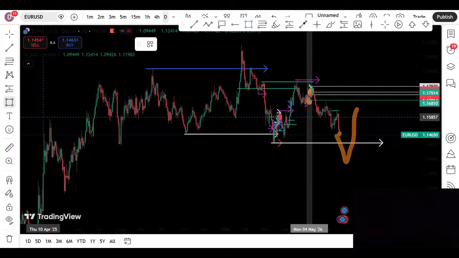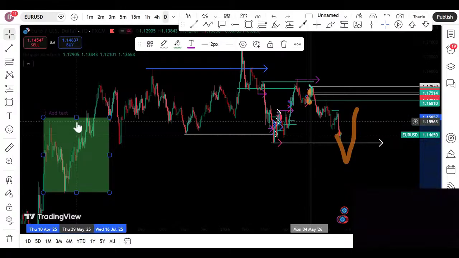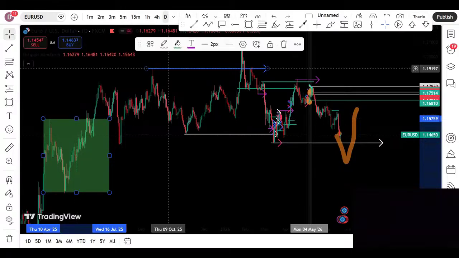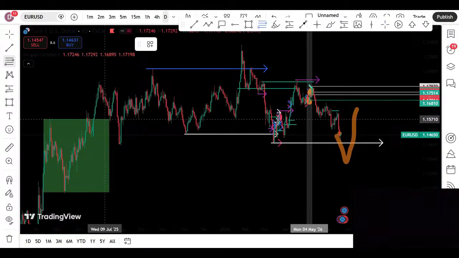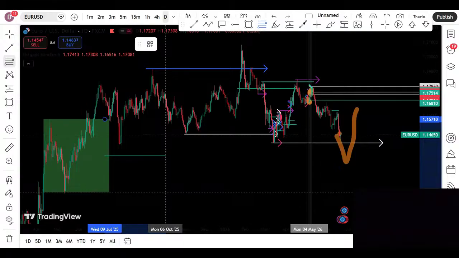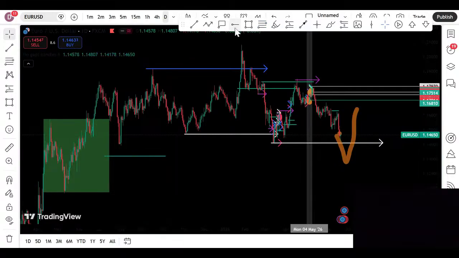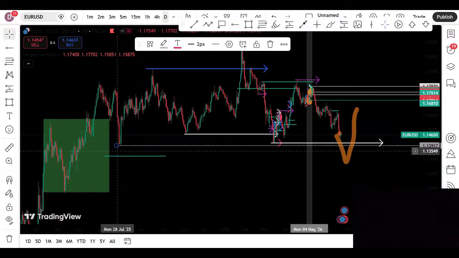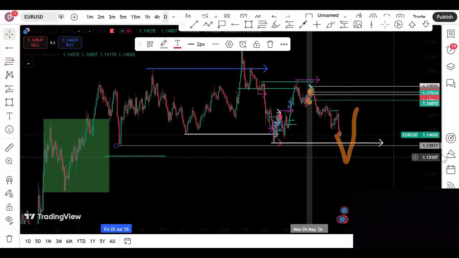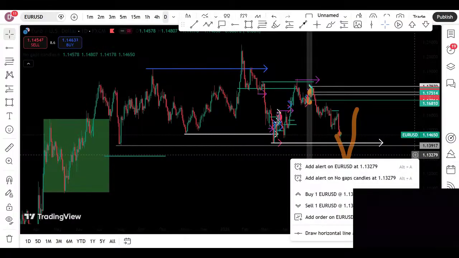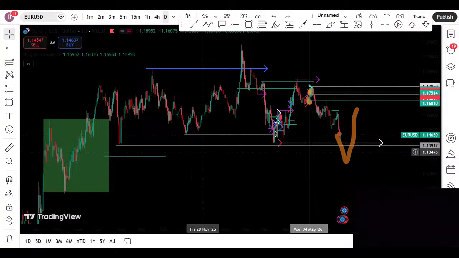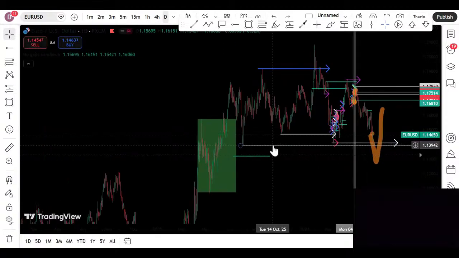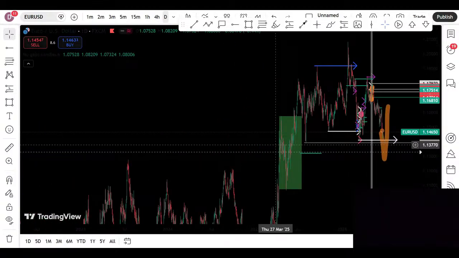So the zone available here is here. You can see that maybe you can liquidate that one to tap into the zone. These zones are where we expect prices to tap and retrace in the future.